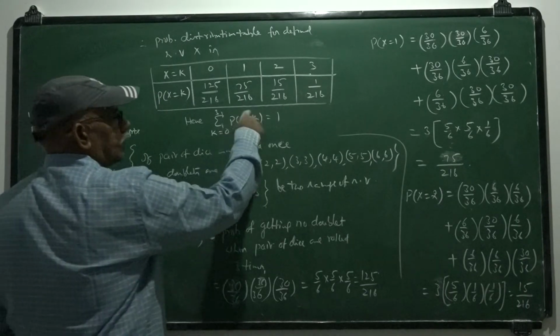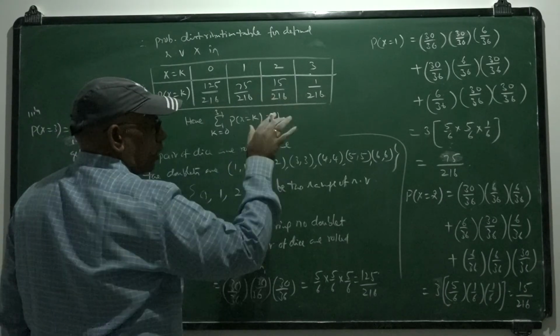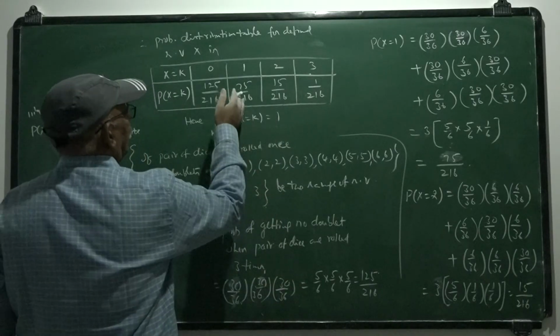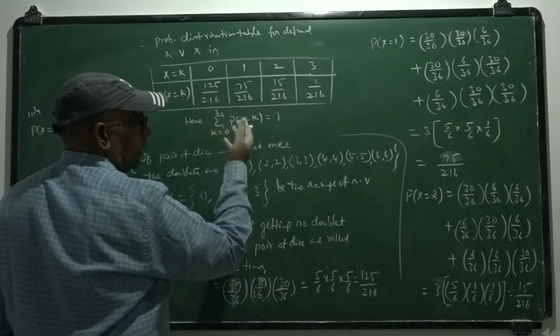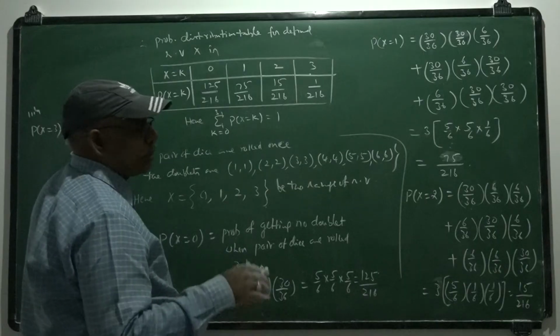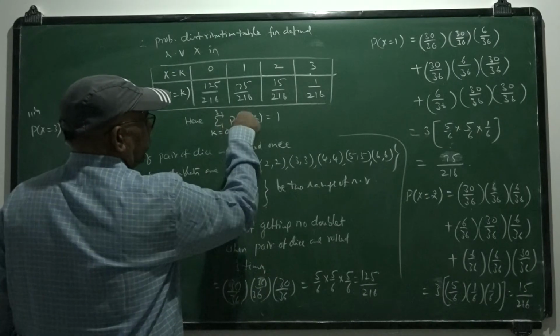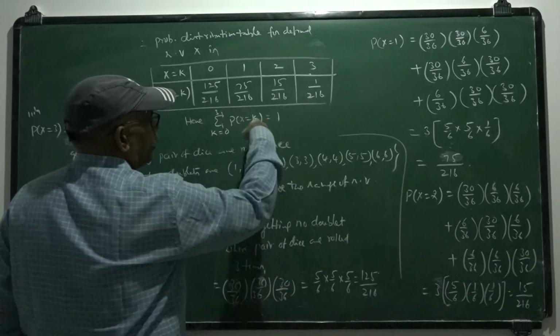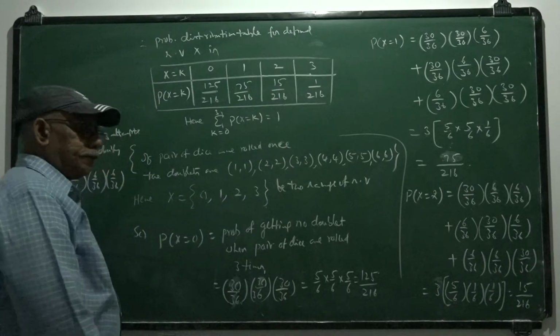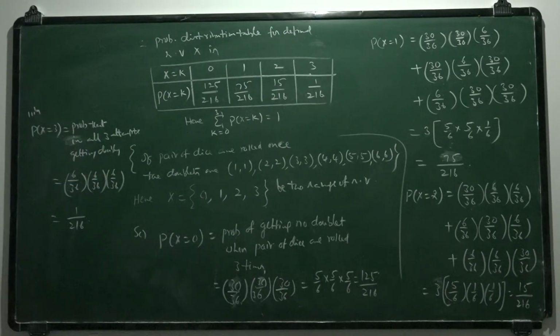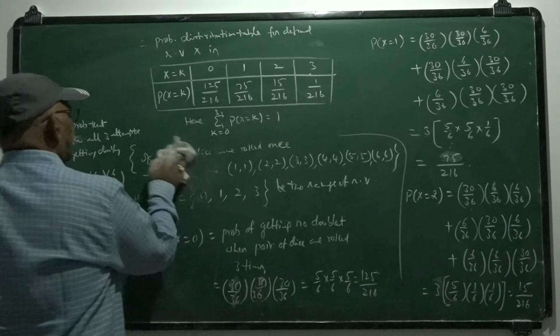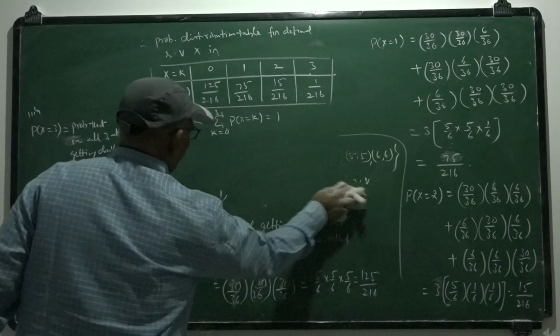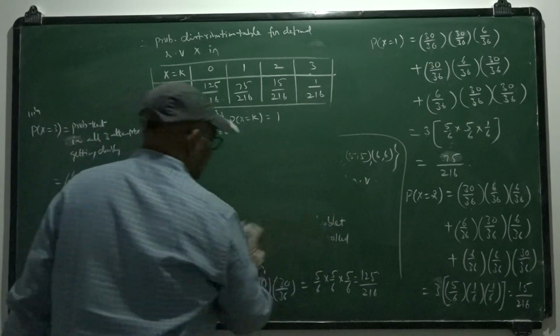So this is the verification of whether these values are correct or not. To verify whether the obtained probability distribution is correct, observe the sum of all the probabilities in the distribution. That should always be equal to 1. Hence the sum of all the probabilities in the distribution is 1, and it is a correct probability distribution of the given random variable.